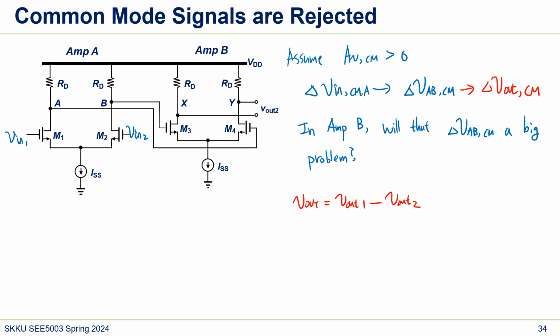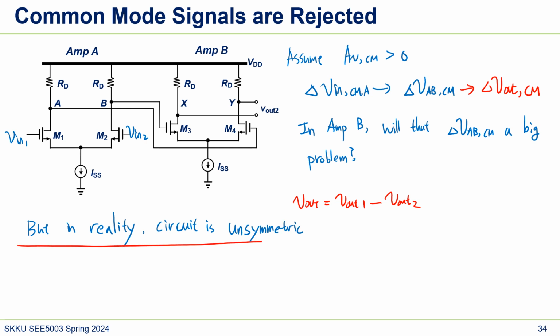Well, in reality, we have to, because in reality there's no perfect symmetry. The circuit is unsymmetric. So that's a problem. In reality, the circuit is unsymmetric.